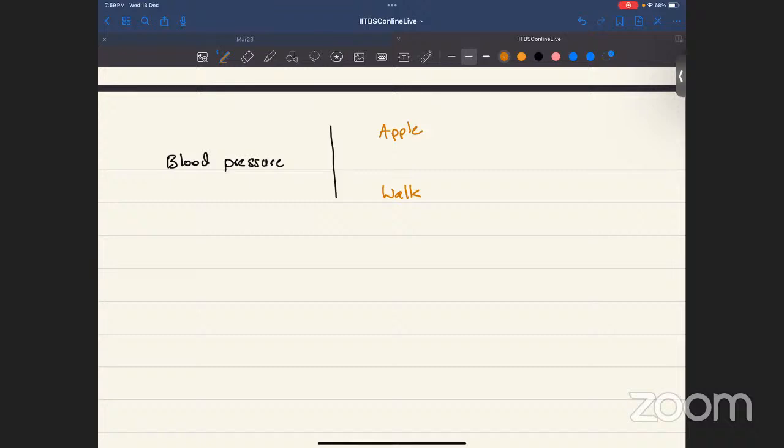But how am I going to identify different ways people consume apple? Some people will consume it daily and some people will consume it weekly. So let's say three of us consume it weekly and three of us consume it daily. That's the frequency of consumption of apple, and let's just do one apple. And walking, let's classify it a little differently.